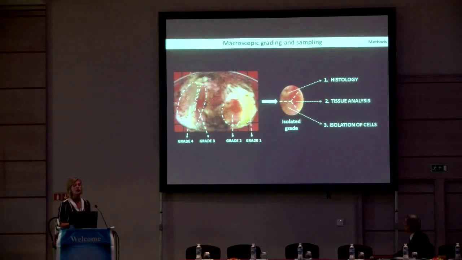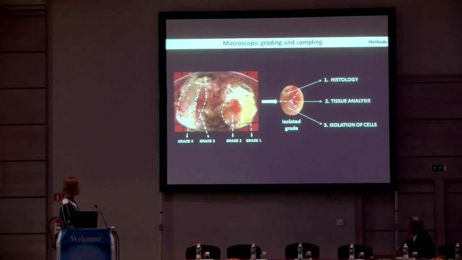To do that, we are using the osteoarthritic tibial plateau, obtained after total knee replacement. And first, what we do is microscopical grading. We divide the tibial plateau into different grades of degradation. As you can see here, grade 1 presents the most preserved, the most normal cartilage, while grade 2 is the last stage of osteoarthritis where there is almost no cartilage left, and we have exposure of the subchondral bone.